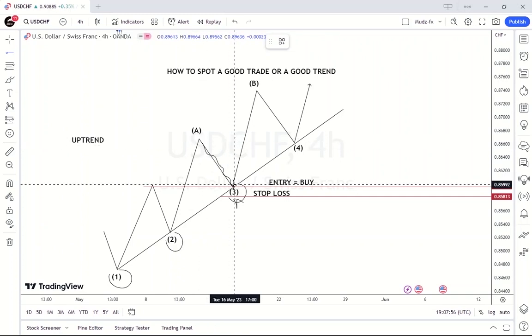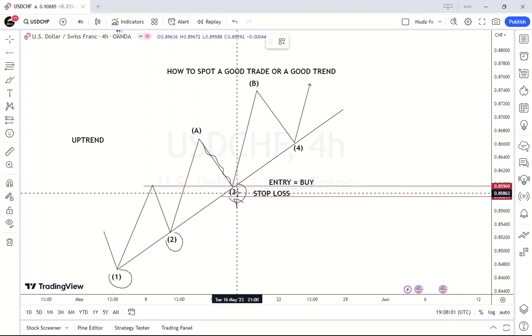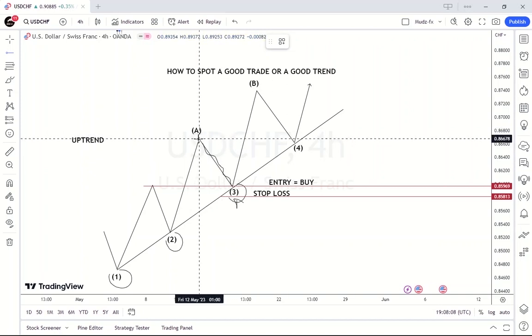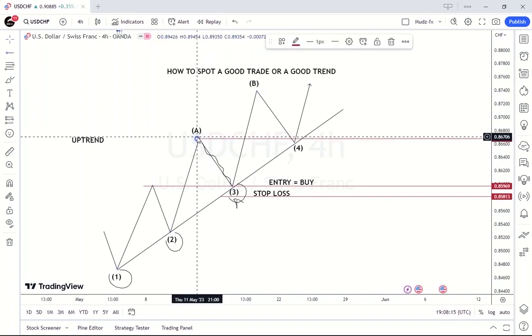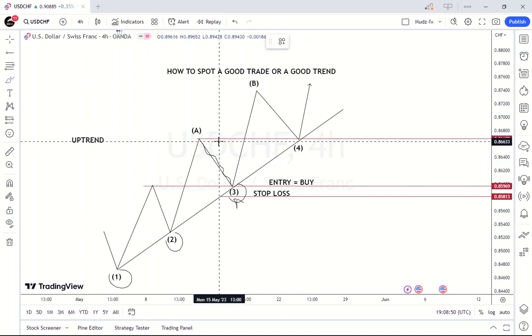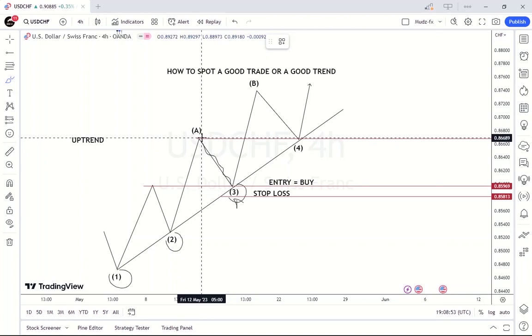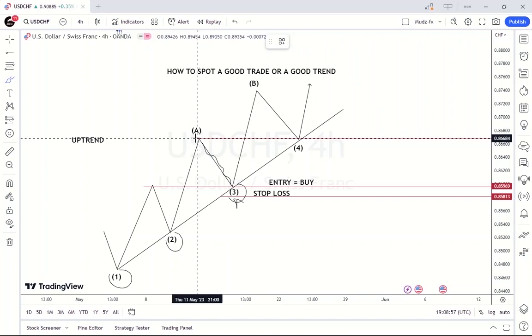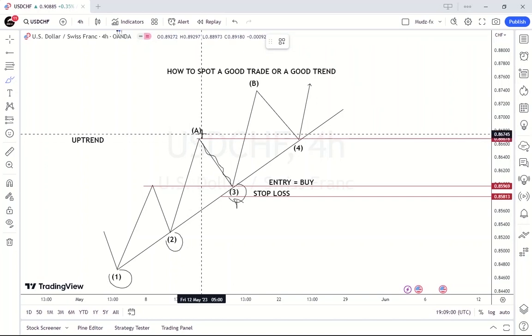So let's say you've bought from this lower high, going up. Right here on letter A, that's where your high is gonna be, and there's gonna be a resistance here. So for you to be safe, this is where your take profit is gonna be, on this resistance that was made by a higher high.